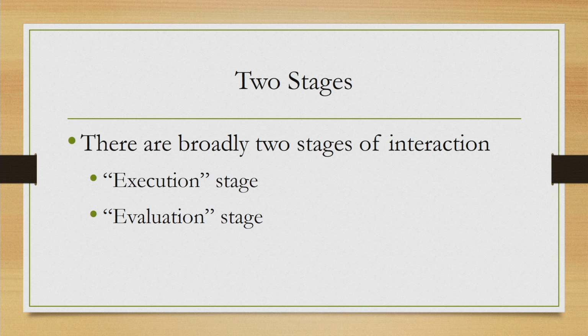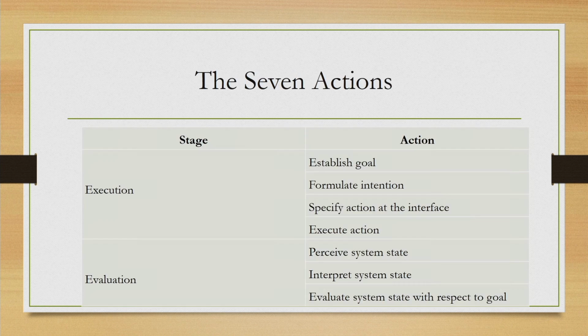Now, the 7 actions that are defined as part of the model can broadly be divided into 2 groups: actions related to the execution stage, and actions related to the evaluation stage.